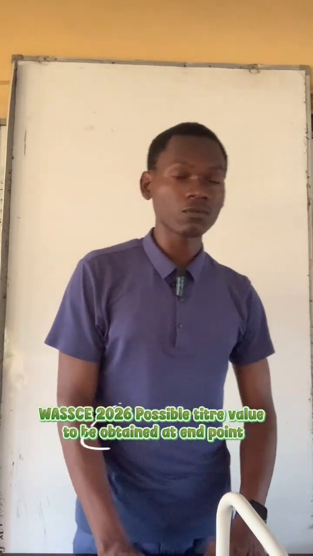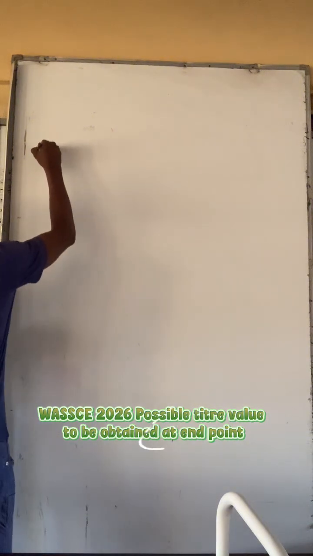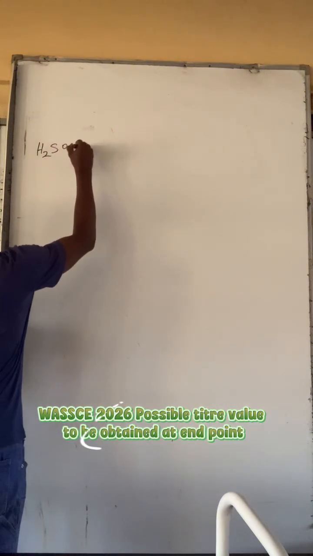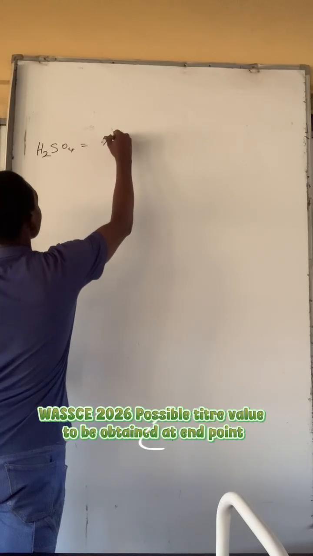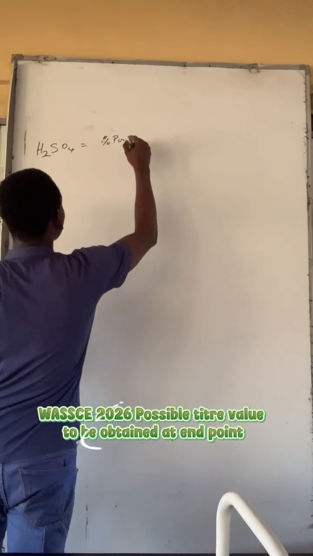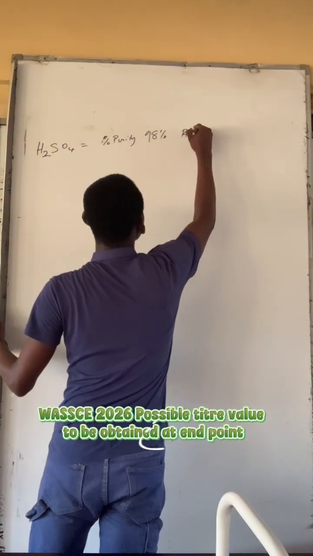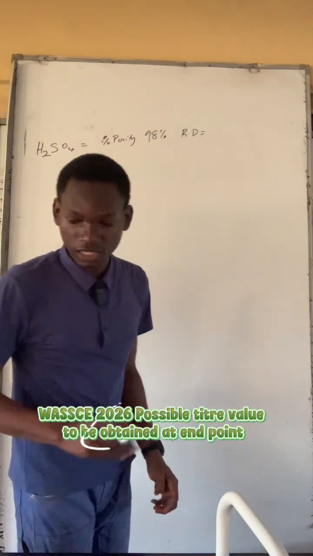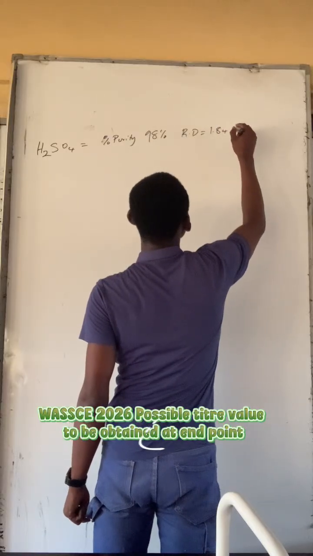From the WAEC memo, we are told that the acid to be used is H2SO4, that's a strong acid, and the percentage purity of that is 98%. The relative density is 1.84.